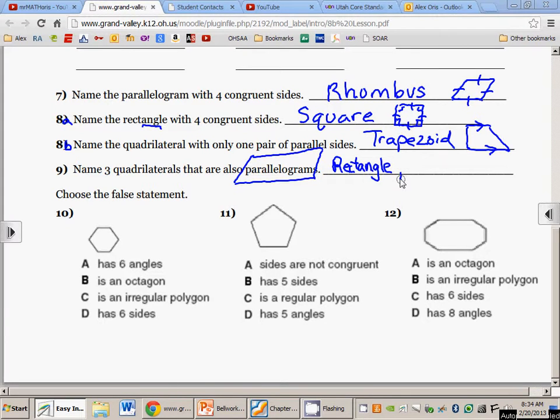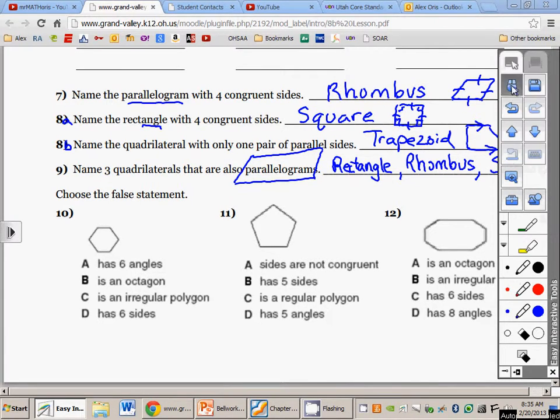Thomas? A rhombus. Yeah, that makes sense because look at number 7. Number 7 says a parallelogram. So a rhombus is a type of parallelogram. And there's one more that has angles like a rectangle and sides like a rhombus. Is a square. Very good. Okay? For today, this is where we need to pause or stop.